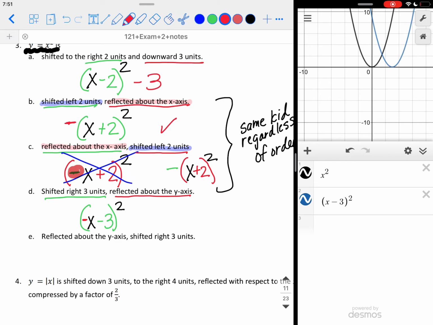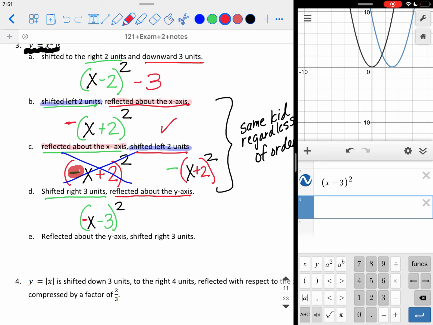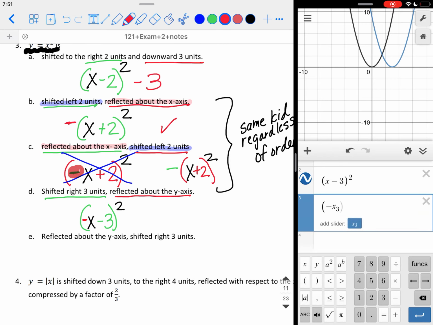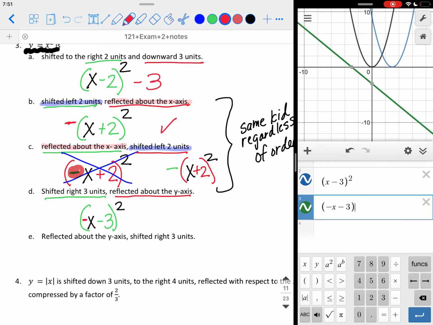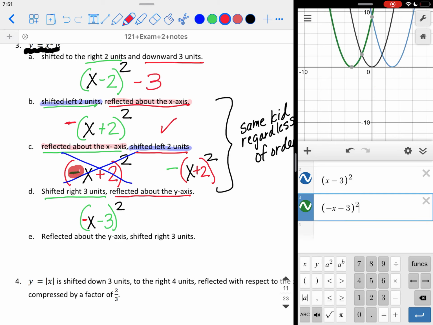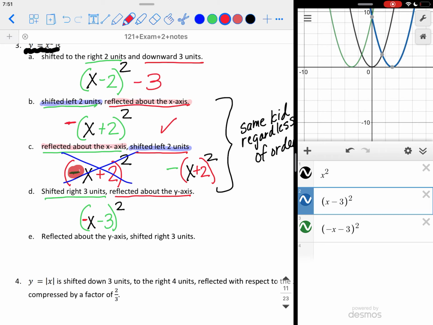So I have parentheses negative x minus 3, close it, squared. So here's the blue kid in utero, and if I reflect it across the y-axis, this is where it's supposed to end up. So yes, it definitely works.